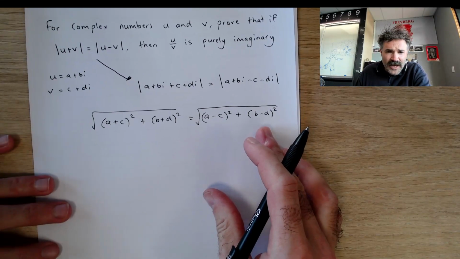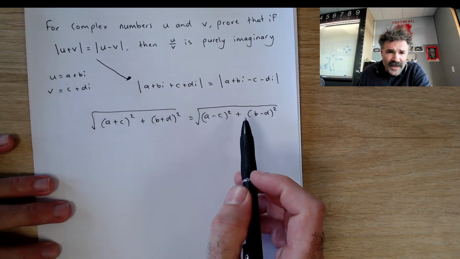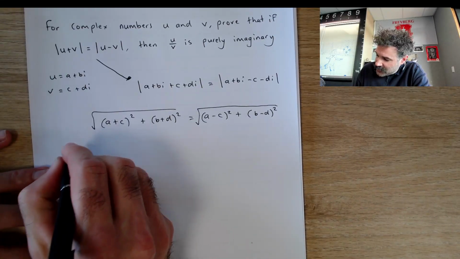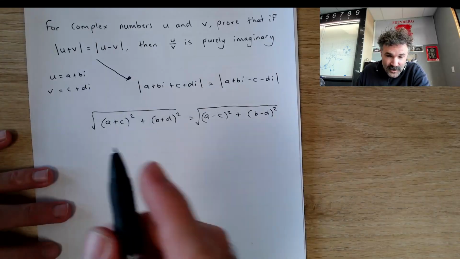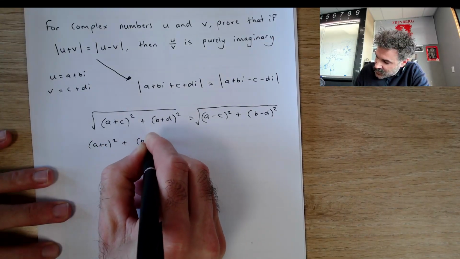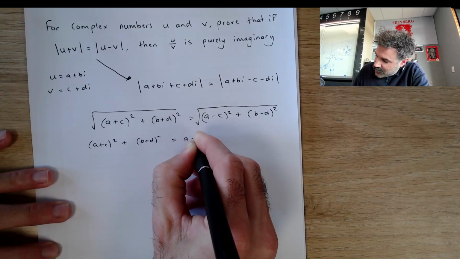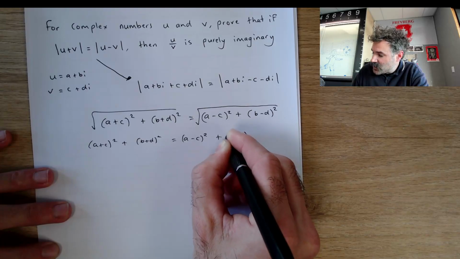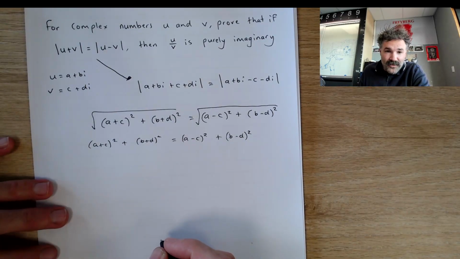So my first step right here, because this side is square rooted and this side is square rooted, I can square both sides. So let's write it out. a plus c squared plus b plus d squared is equal to a minus c squared plus b minus d squared. Now I'm going to expand all of this out real quick.